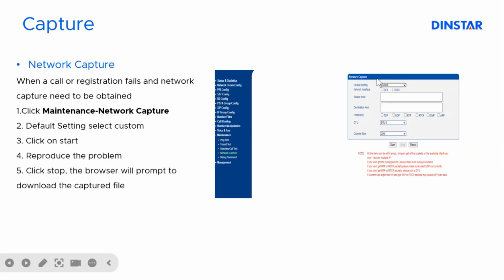We can change the default settings to custom and click start, and then reproduce the problem, like a registration failure or call failures. When we finish the calls or check the registration status, we click stop and the browser will download the capture file.